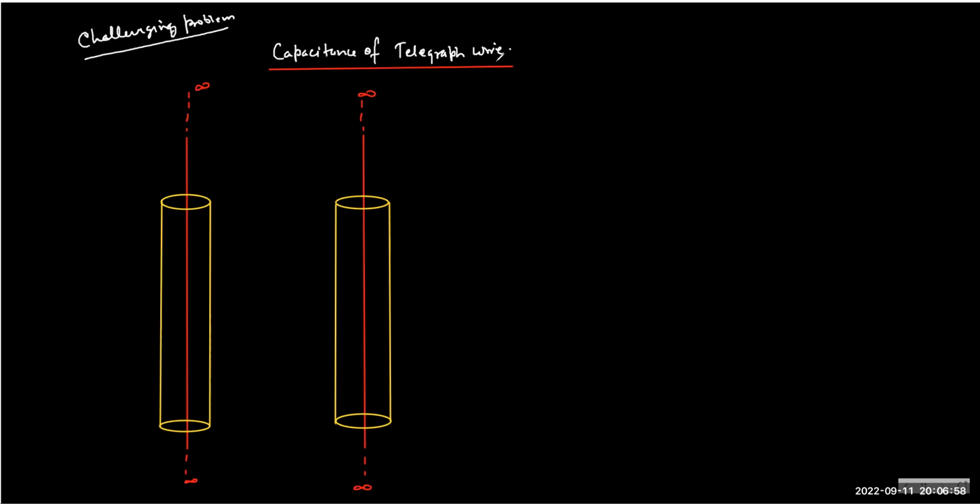The radius of the cylinder is very, very small compared to the separation. So the separation between them is d.